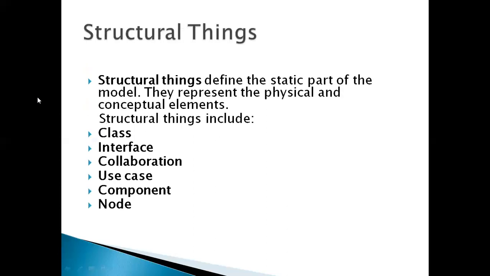Structural things are defined as the static part of the model. They represent the physical and conceptual elements. Structural things include class, interface, collaboration, use case, component, and node.